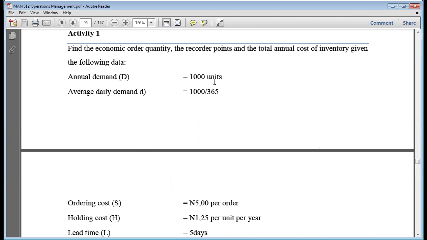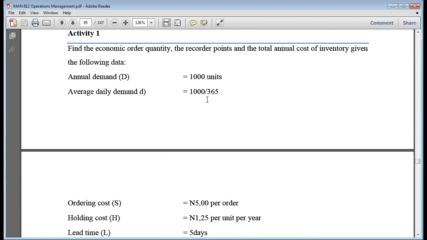It is only 1,000, but they use 1,000 over 365. Even as they use this, they are right in the answer, but what they fix is wrong. If you solve it, you will be confused and say, how did they arrive at that answer? But they are wrong, because the developer made a mistake.